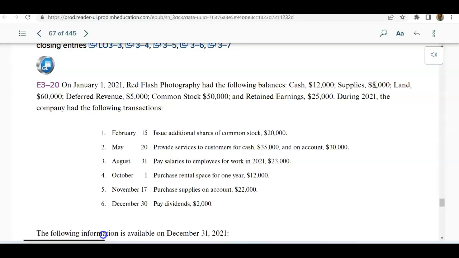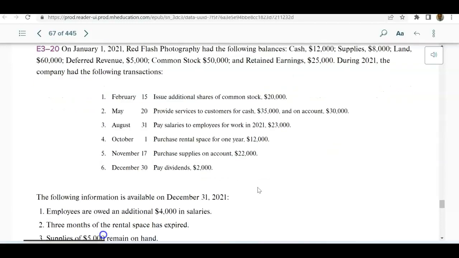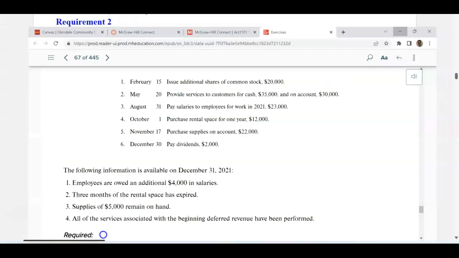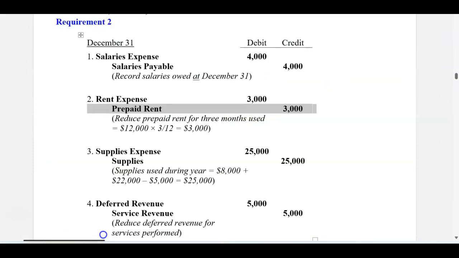So beginning plus added, 8 plus added of 22, available is 30. 30 minus 5 left. That means 25 is used. That's BAASE: beginning, added, available, subtract, end. Beginning 8, added 22, available 30, end was 5, so used is 25.